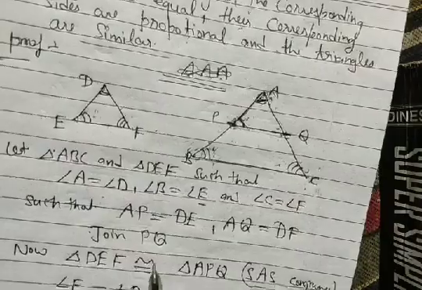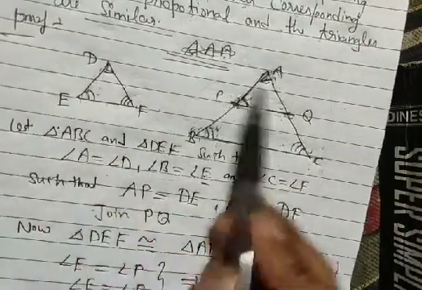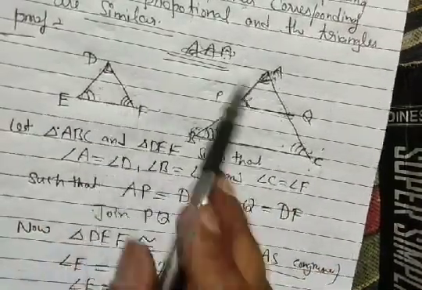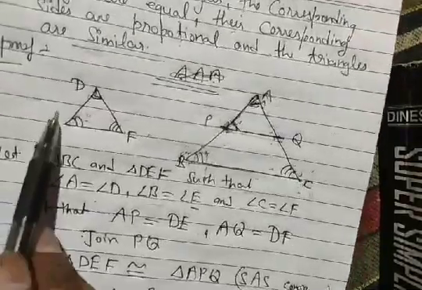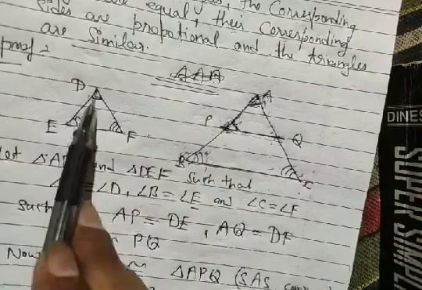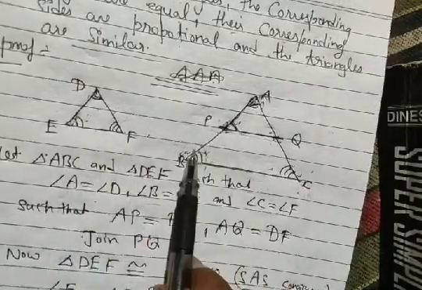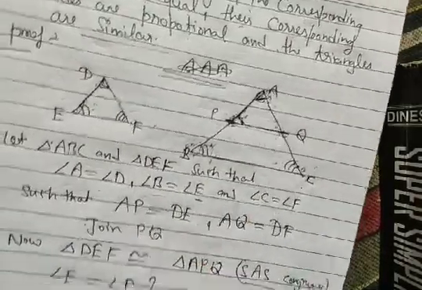Now in triangles DEF and ABC, we have the ratio of DE is to AB and the ratio of DF is to AC.